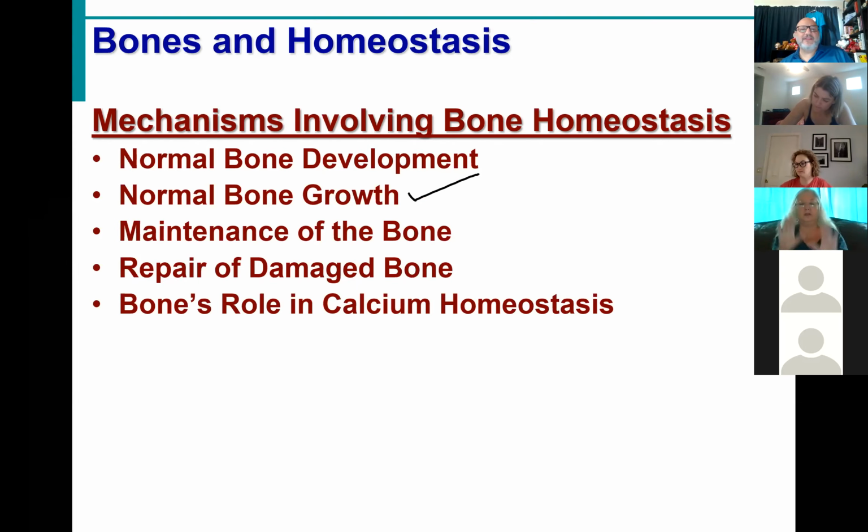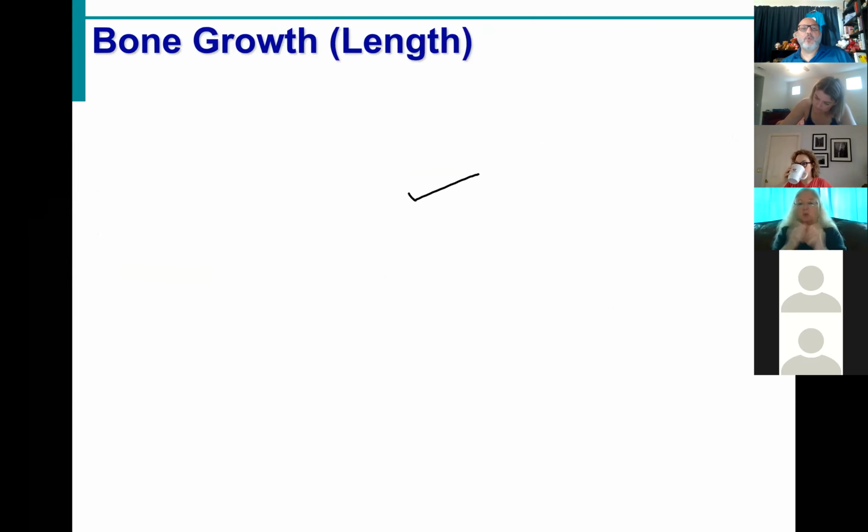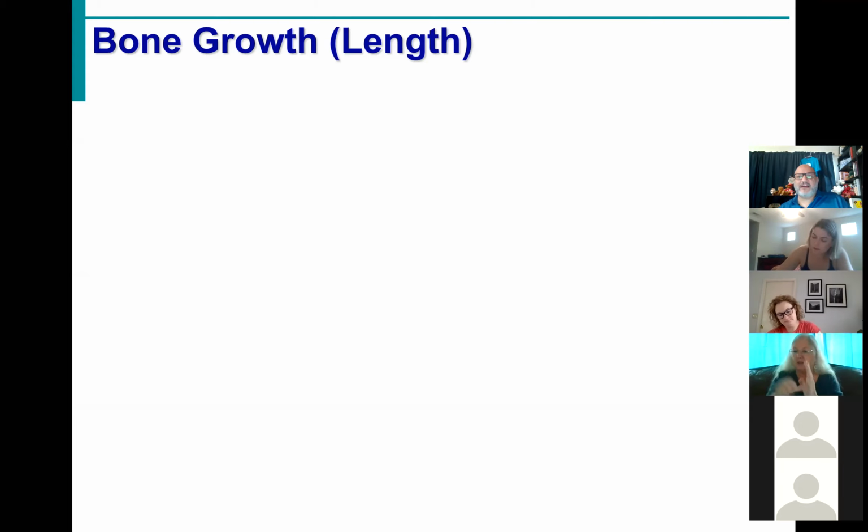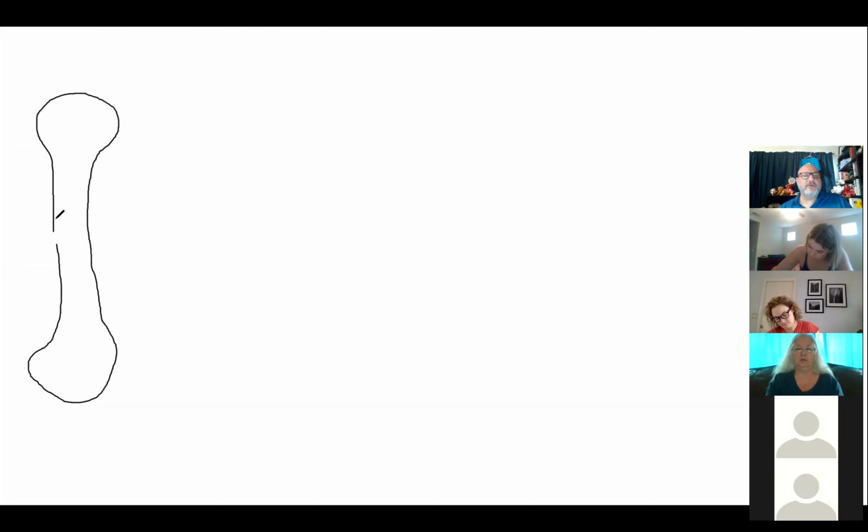So let's start with length first. Where does the bone grow in length? Careful. The epiphyseal plate, absolutely. Let's take a look at this and exaggerate it. So here we've got our dino bone.